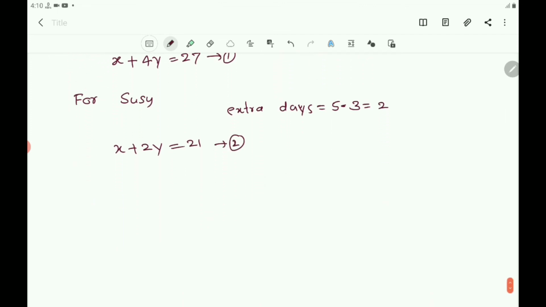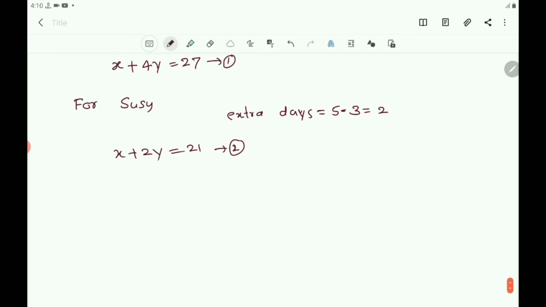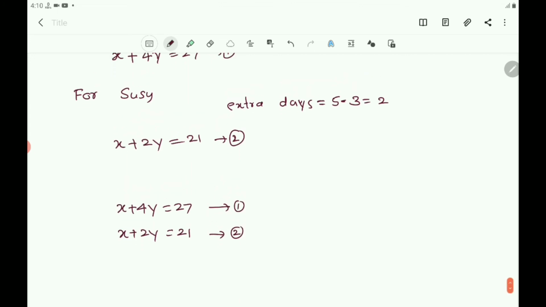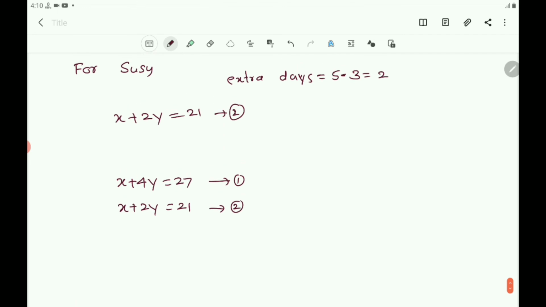Now take the first equation and second equation as a pair of linear equations: x plus 4y equals 27 and x plus 2y equals 21. This is the first, this is the second. Now see the coefficients of the variables. You can eliminate x, as in both equations x has the same coefficient 1 and 1.